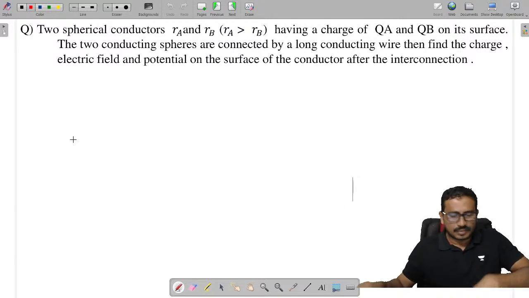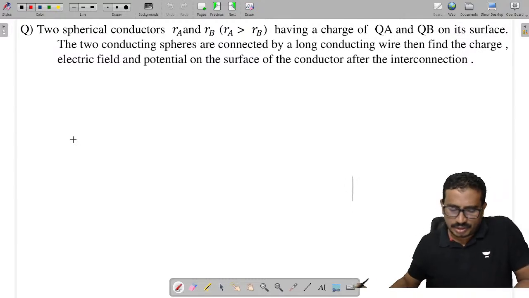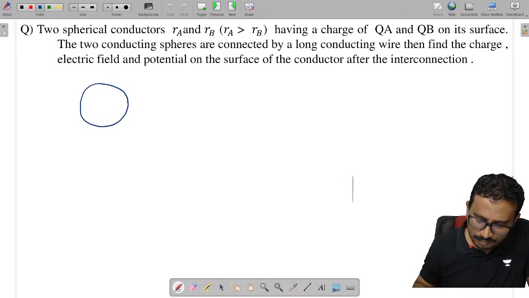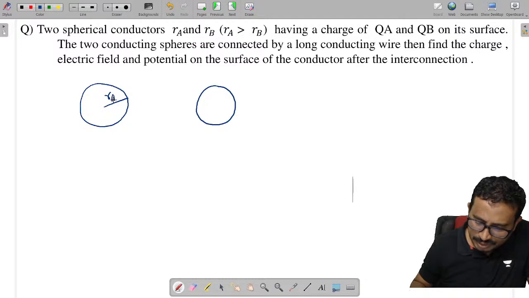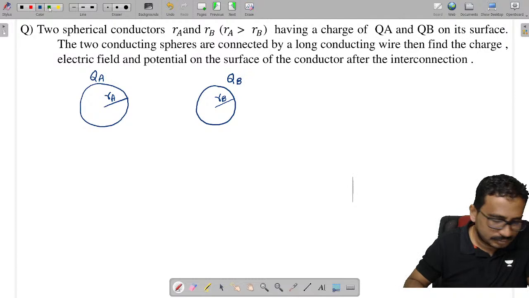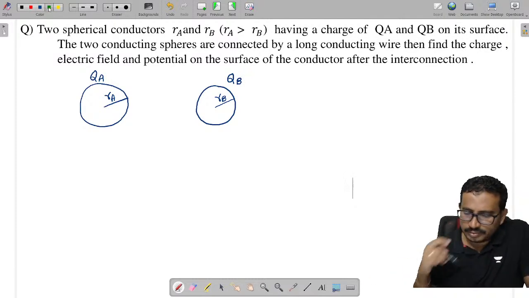Now see this. I have two spherical conductors like this, having radii RA and RB, and this one has a charge QA and this one has a charge QB.